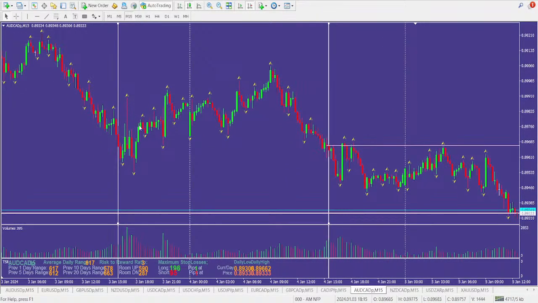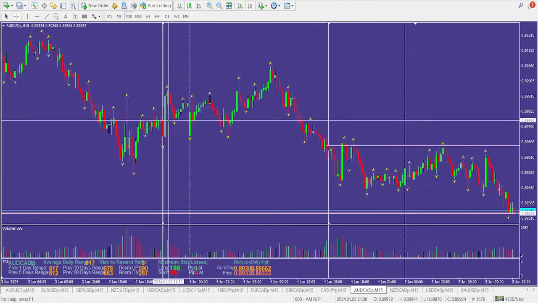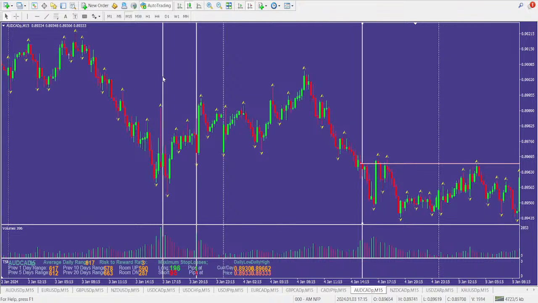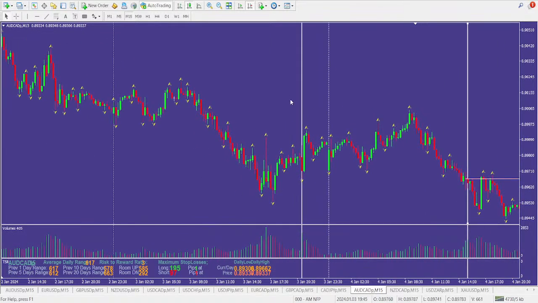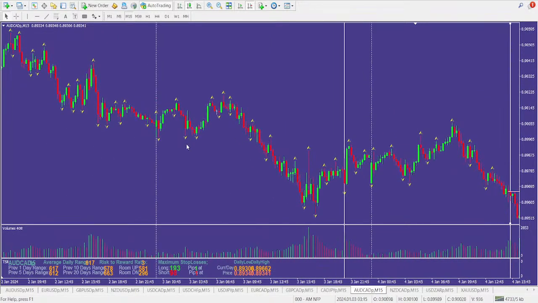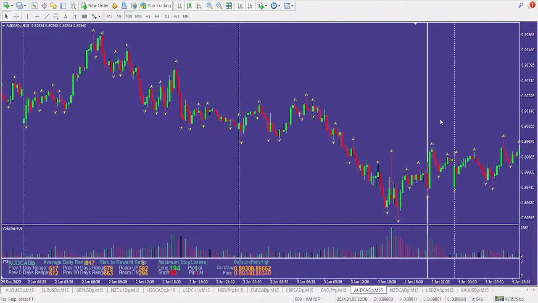Other than that, if we go to January 3rd, got a high volume spike over here. Another high volume spike here, but price actually pushed up from this level. So definitely not. So yeah, not convinced with that one. Then we actually have a look here.